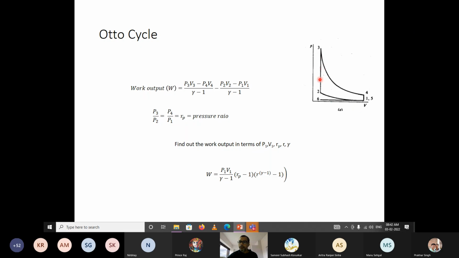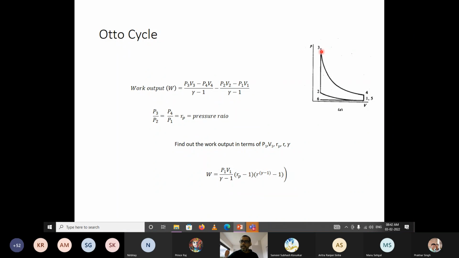So we need to find the area of this enclosed part, for which we calculate the total area under the curve from 3 to 4, and then subtract the area under the curve from 1 to 2, and that will give the area inside this enclosed curve. That is the work done by the adiabatic process, which is well known to all of you.